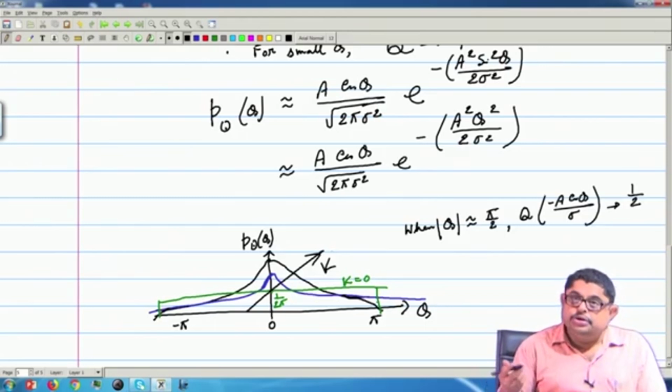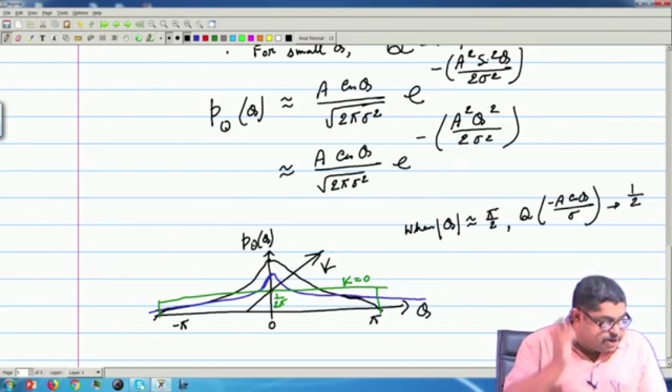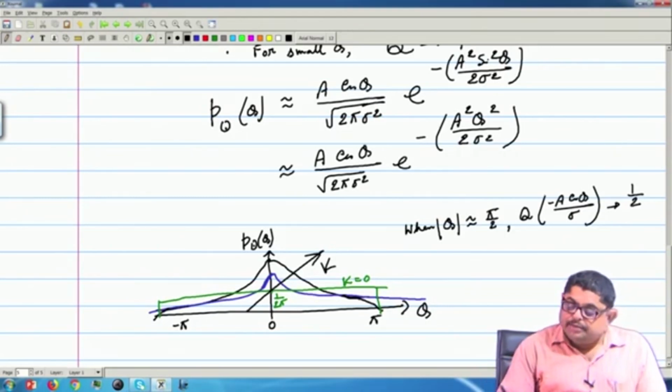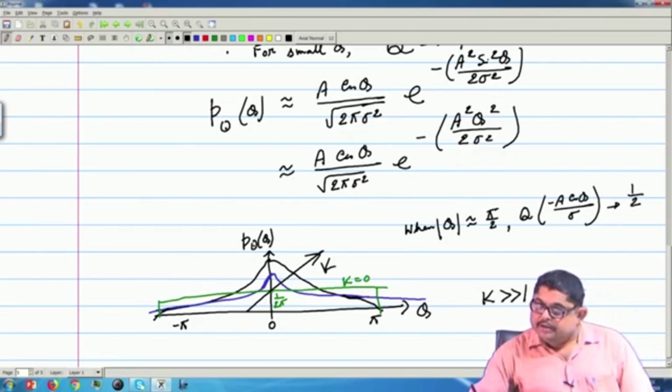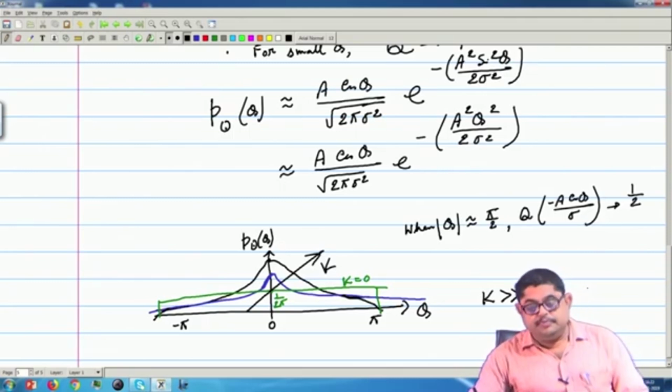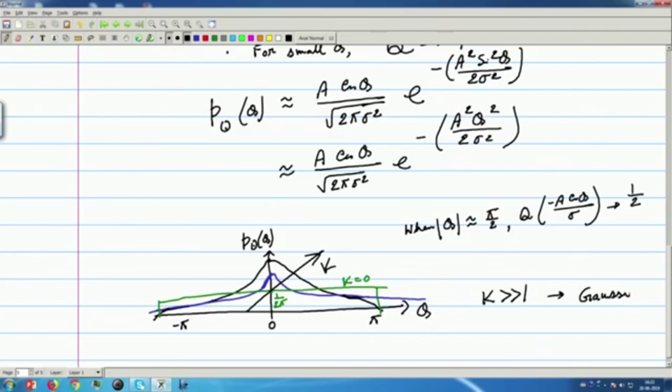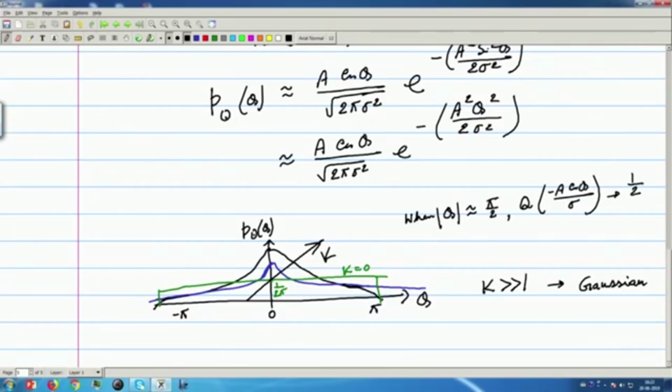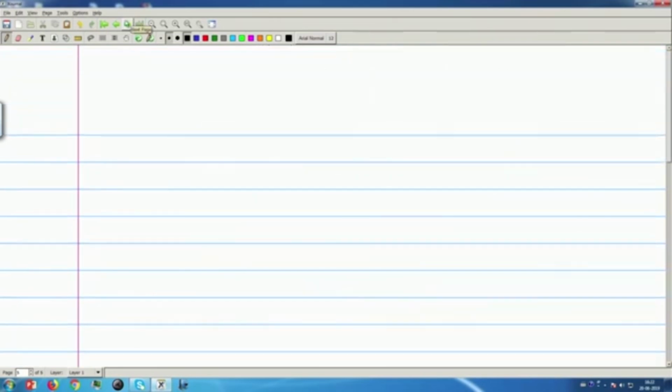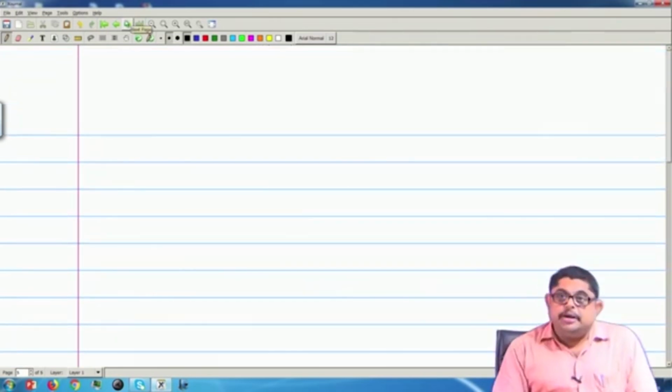So, K equal to 0 boils down to the uniform case, and for K much above 1, the phase PDF also becomes something like Gaussian curves.